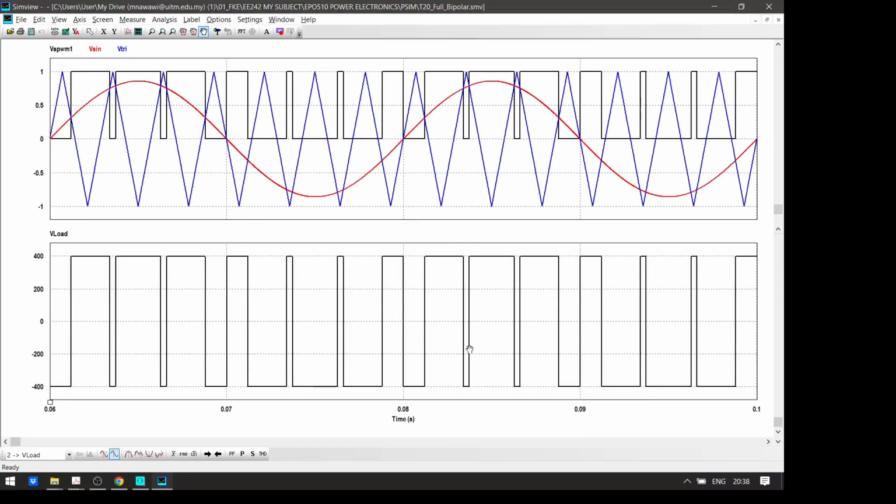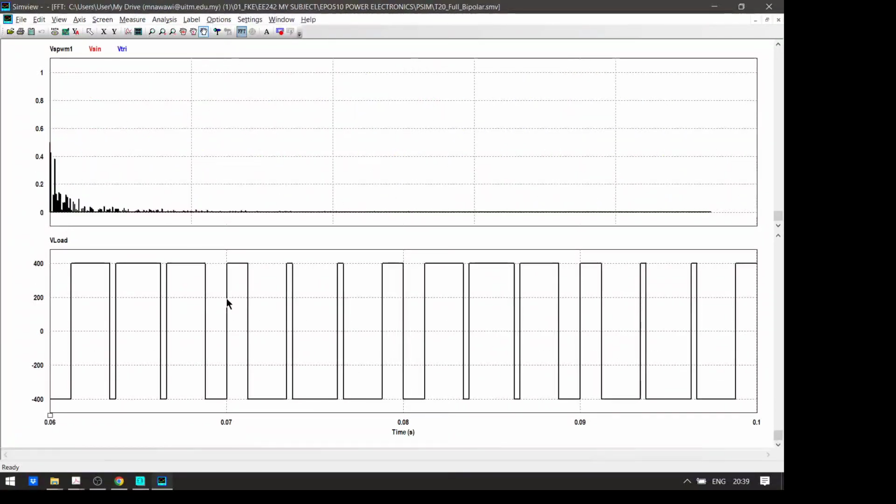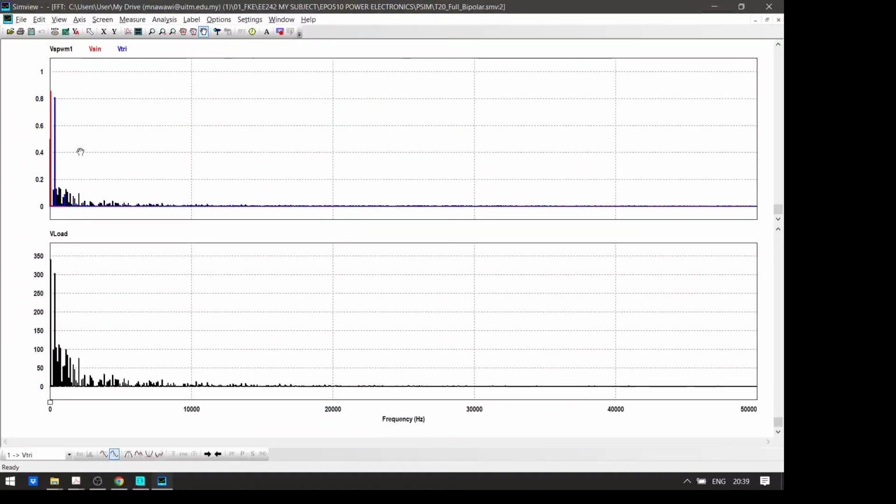When you hit this button, fast Fourier transform, it does the Fourier analysis and converts this time domain into the frequency domain, and therefore we're going to look at the harmonic spectrum of both waveforms here. Just ignore the first waveform and look into the V load.